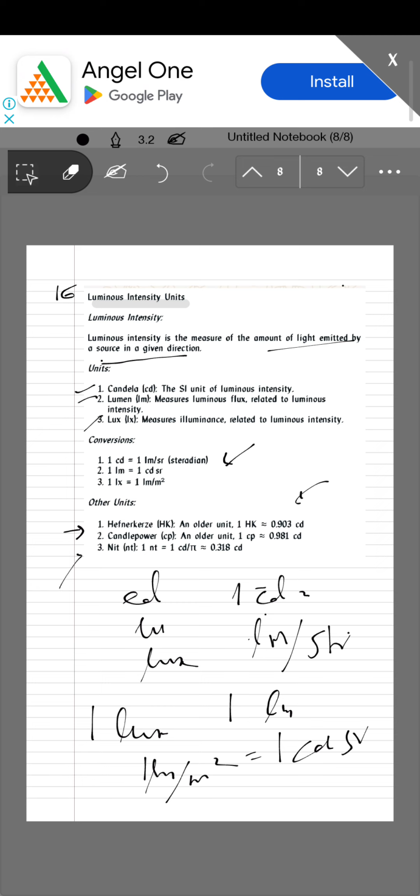Then we have candle power, which is 0.981 candela, so it is close to 1 candela. And we have the nit, NT, so 1 nit is equal to 1 candela by pi, that is 0.318 candela. So those are the different units by which we can determine the light intensity numerically.